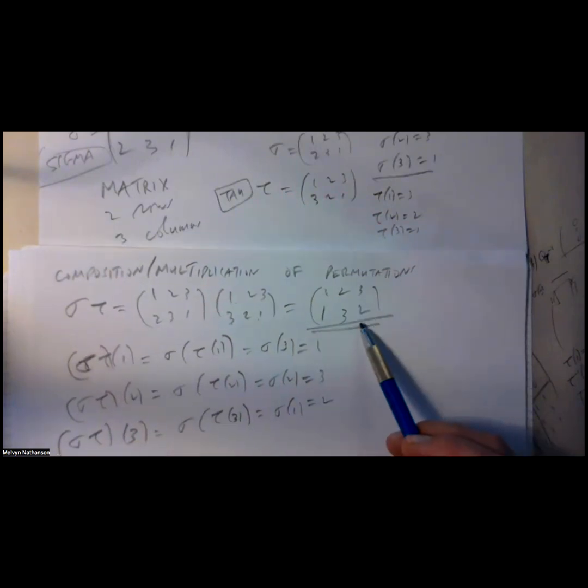That's sigma of tau of 3. Tau of 3 is 1. So that's sigma of 1. Sigma of 1 is 2. So sigma tau of 3 is 2. So sigma tau is this permutation. 1, 2, 3 goes to 1, 3, 2.